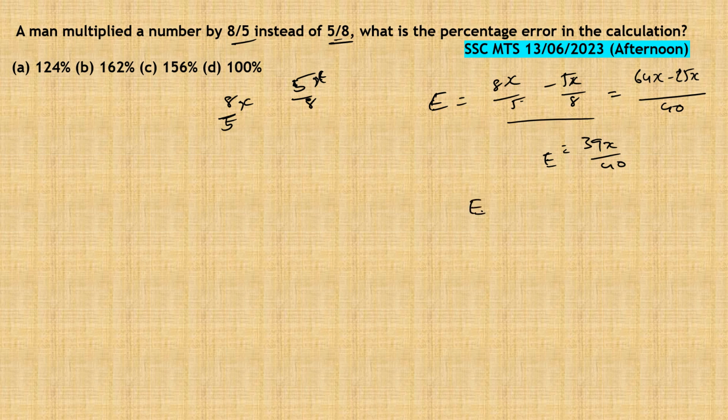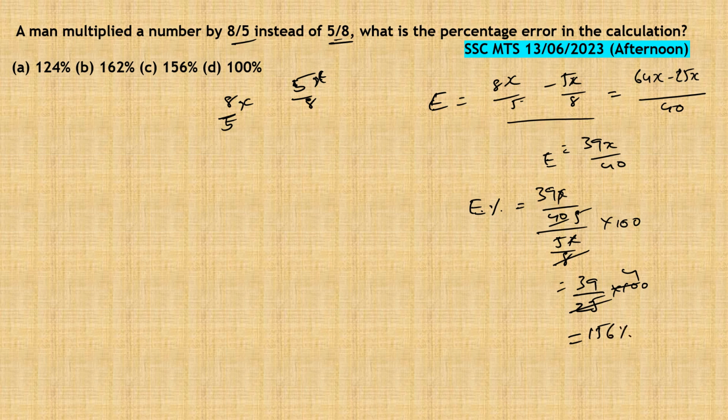Correct value is 5x by 8, and the error is 39x by 40. Correct value is 5x by 8 into 100. 8 5s are 40. The x gets cancelled. We will get 39 by 25 into 100. 25 4s are 100, 39 4s are 40 4s are 160 minus 4, that is 156 is the answer. Option number C.